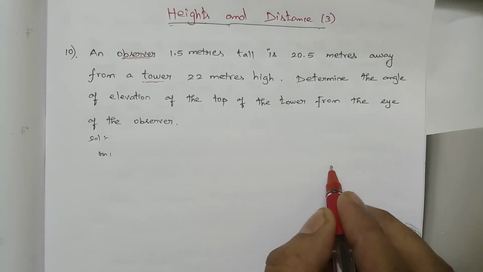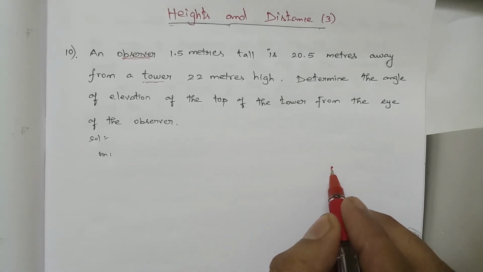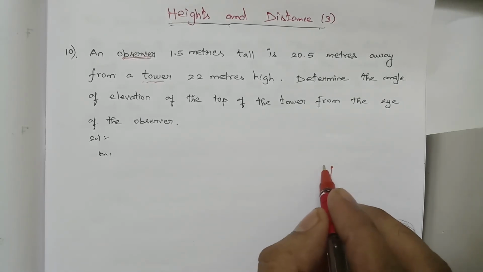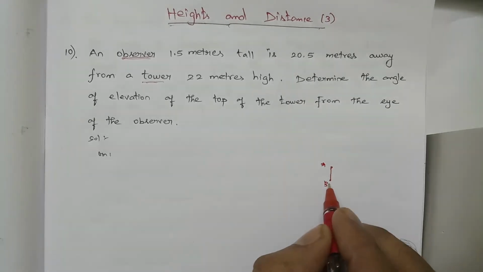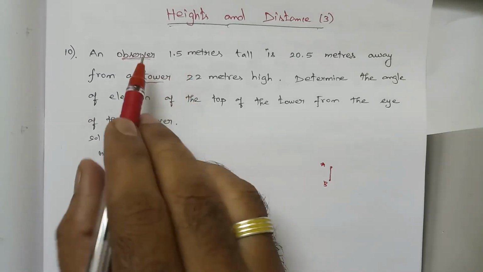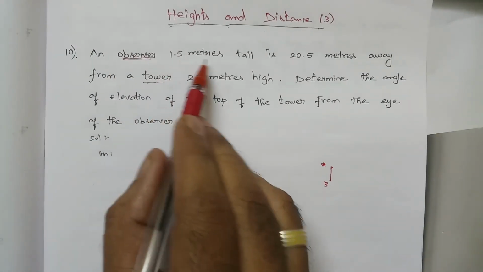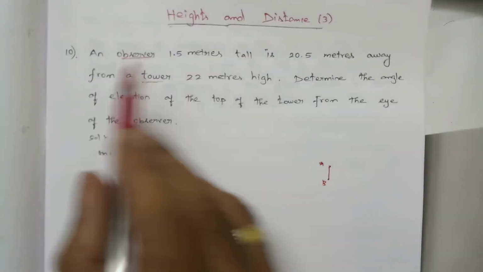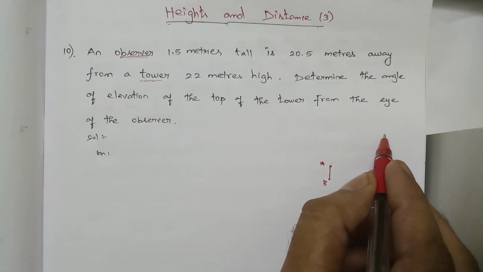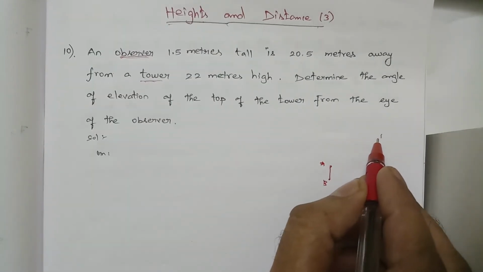AB is the height of the observer, the points A and B. And they are saying an observer 1.5 meter tall is 20.5 meter away from a tower. I'm taking CD as the tower.